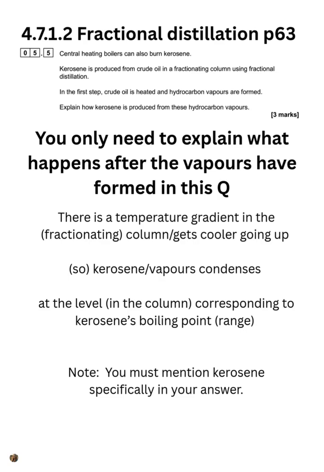Most did not mention the height or level in the column, while others seemed to think that a vapour only condenses at a temperature below rather than at its boiling point. A few students thought that kerosene was either a product of cracking or a polymer. Just over 10% scored all the marks.